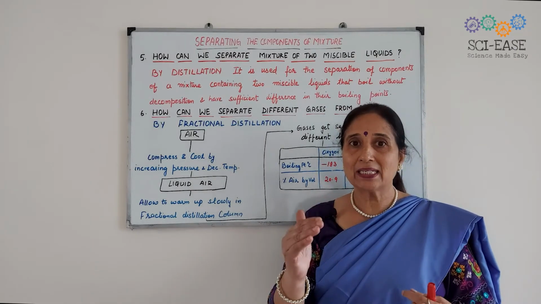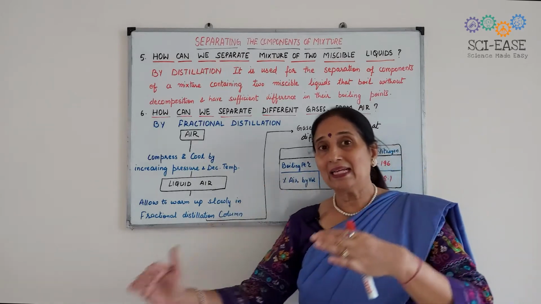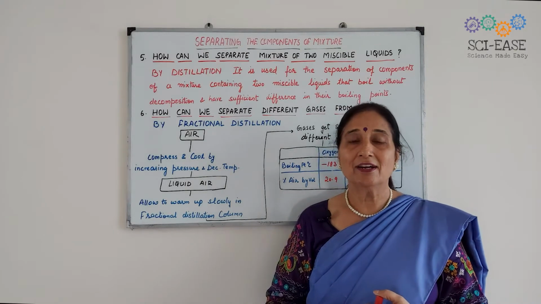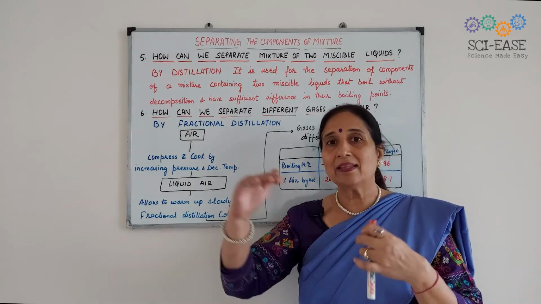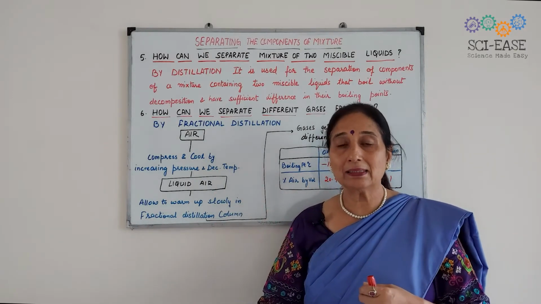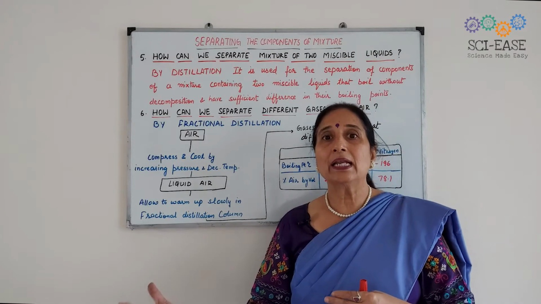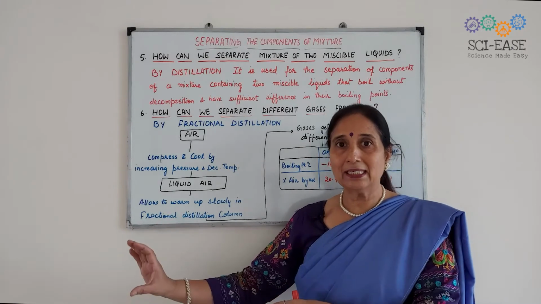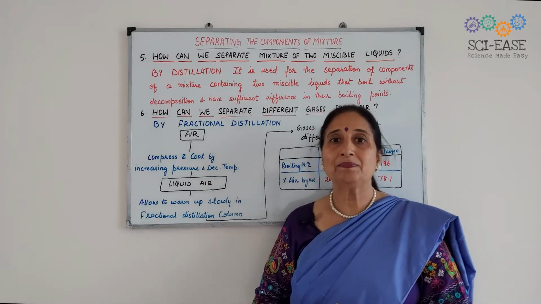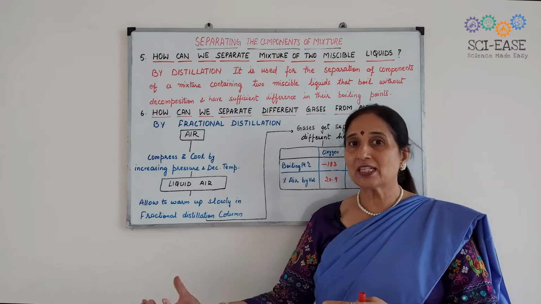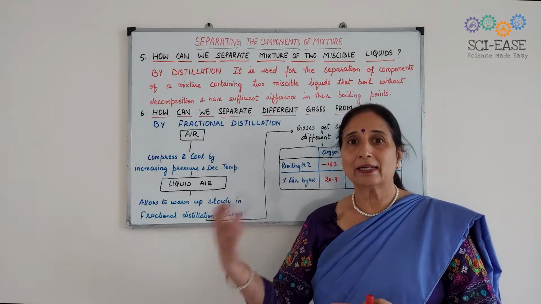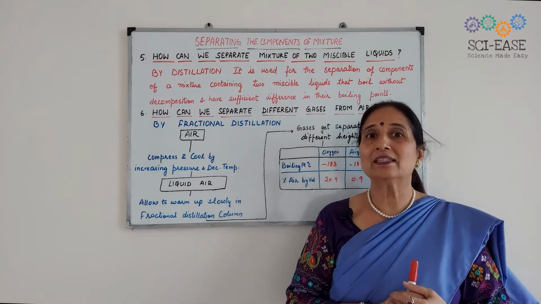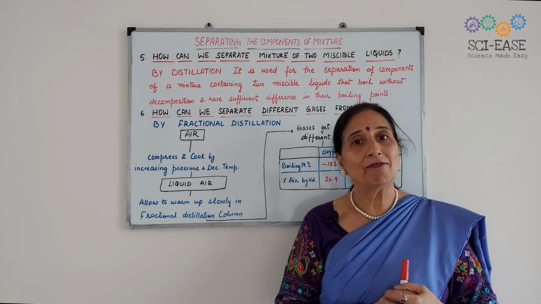It will vaporize at once, and then the vapors will pass through the condenser, where they will condense, and there is one beaker at the other end where the acetone can be collected, placed just at the mouth of the condenser. Now, water will be left in the distillation flask.